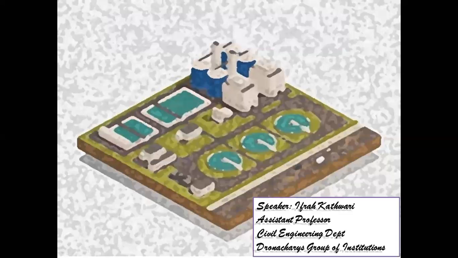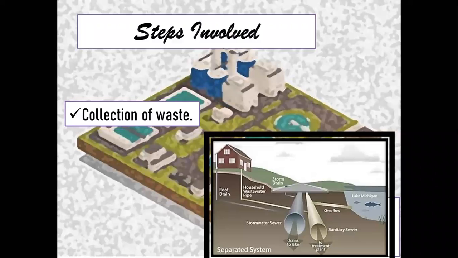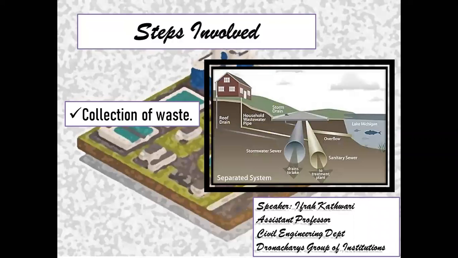The first step in the process of wastewater treatment is the collection of waste. The waste is collected through underground pipes that are laid underground, and they can be of different types, like wastewater carriage systems, wherein we have a separate system, a combined system, or a partially combined and separate system.